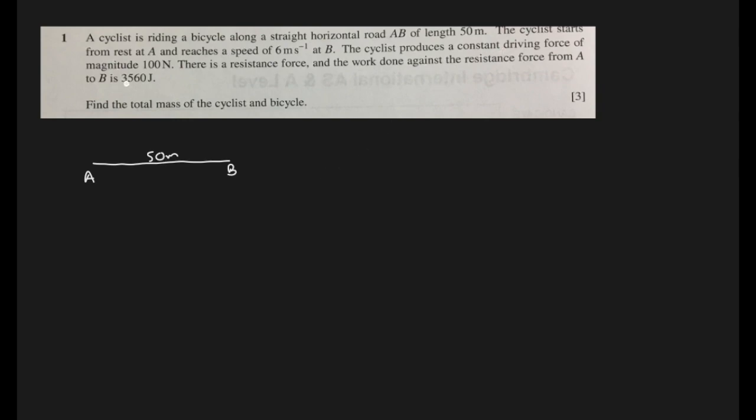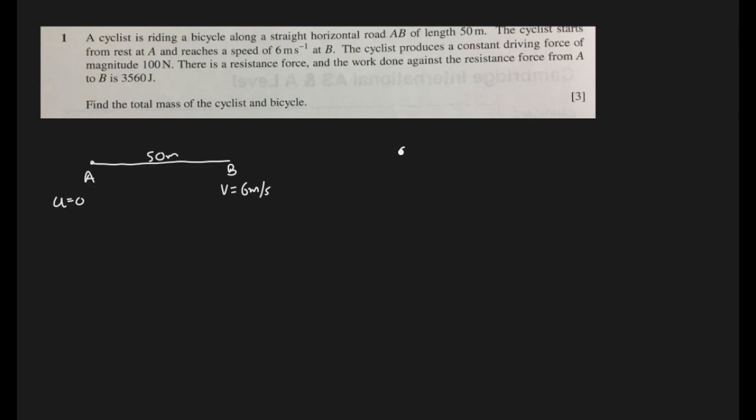The cyclist starts from rest, that means u is 0 at A, and reaches a speed of 6 meters per second at B. v is 6 meters per second. The cyclist produces a constant driving force of 100 newtons.